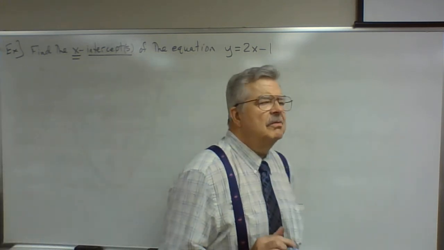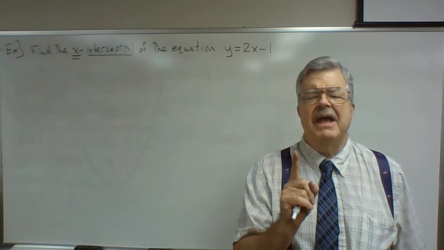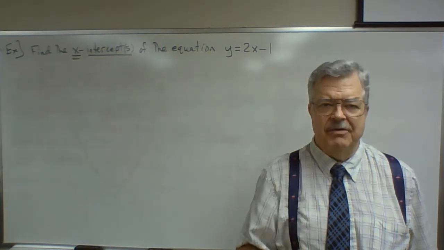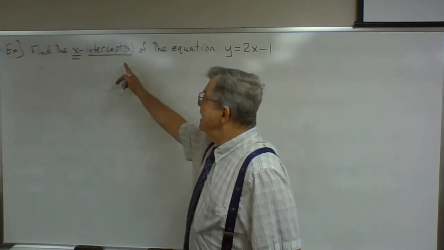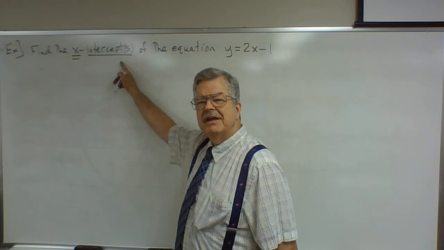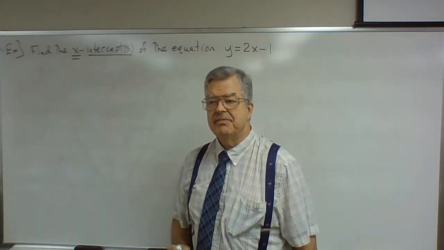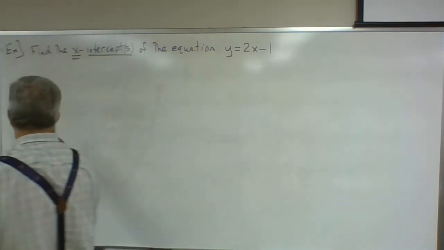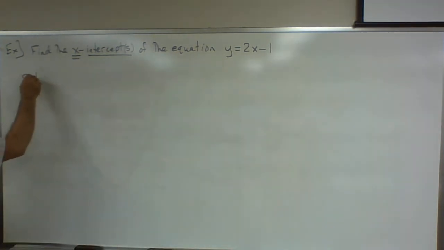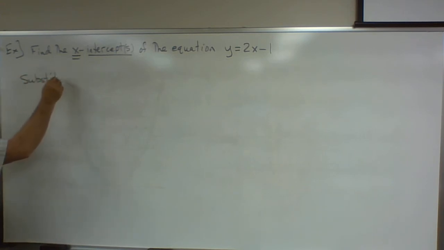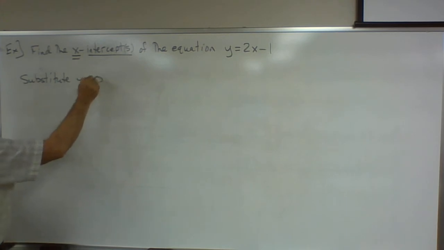And we reasoned, the x-axis is the set of all points where y equals 0. So to find the point where the graph intersects the x-axis, set y equal to 0 and solve for x. Except I didn't quite say it that way. I said substitute y equals 0.